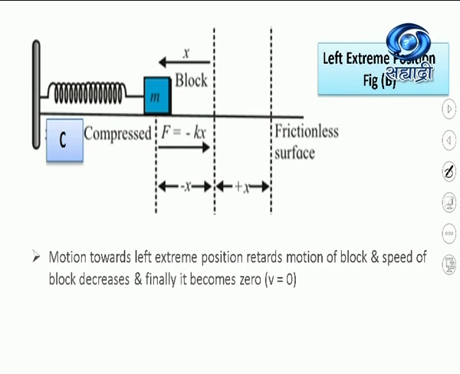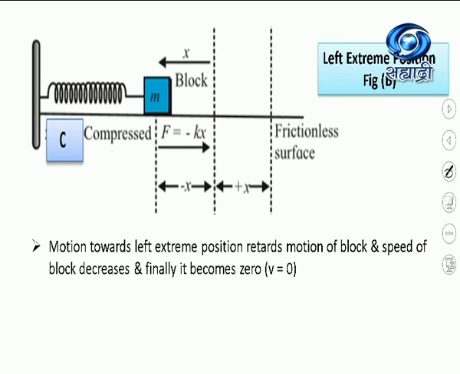So the block is now moving towards the left extreme. The motion of the block is retarded because of the restoring force. And because of this retardation, the speed of the block towards the left extreme position goes on decreasing and it becomes 0 the moment the block reaches the left extreme position.